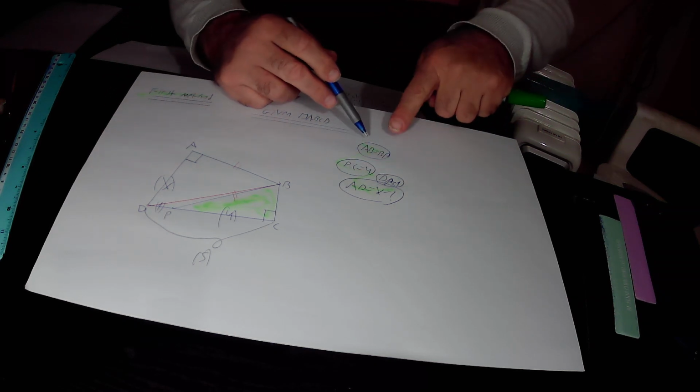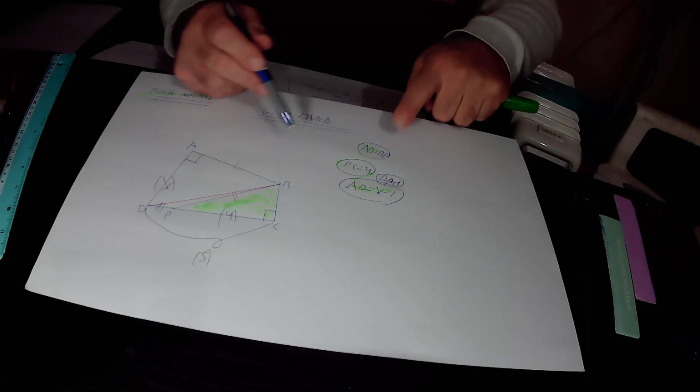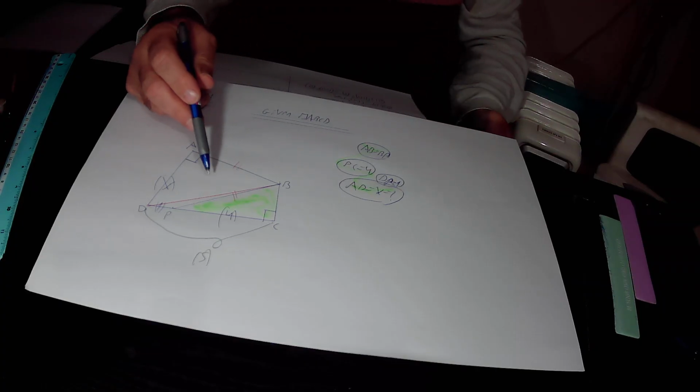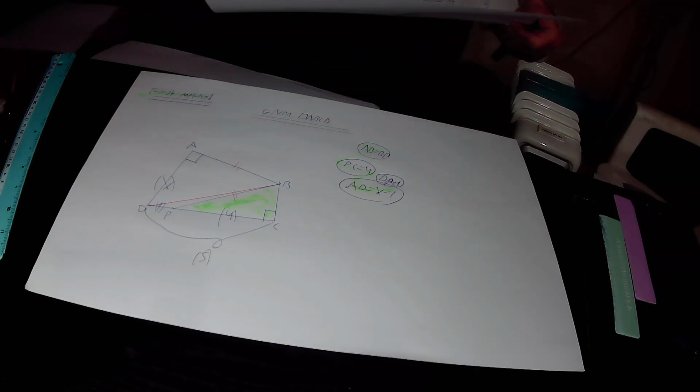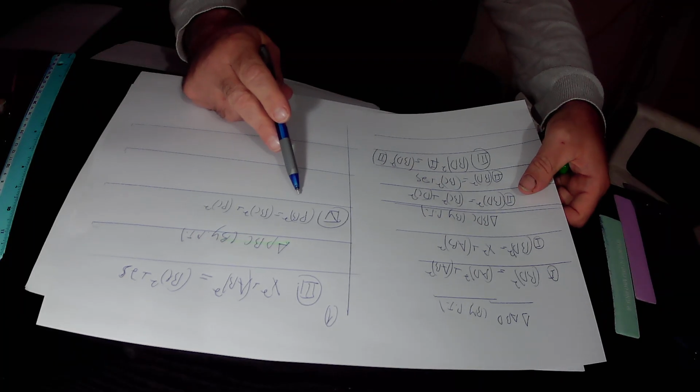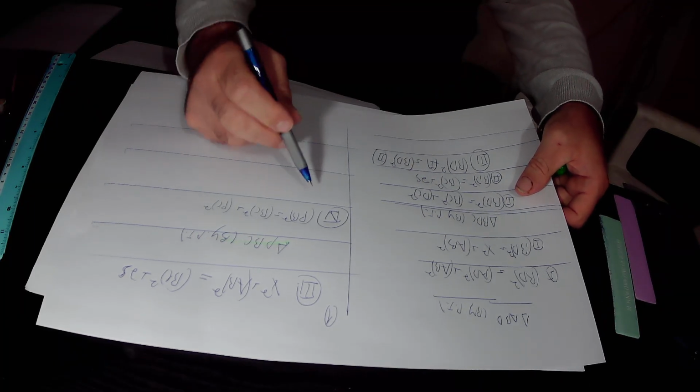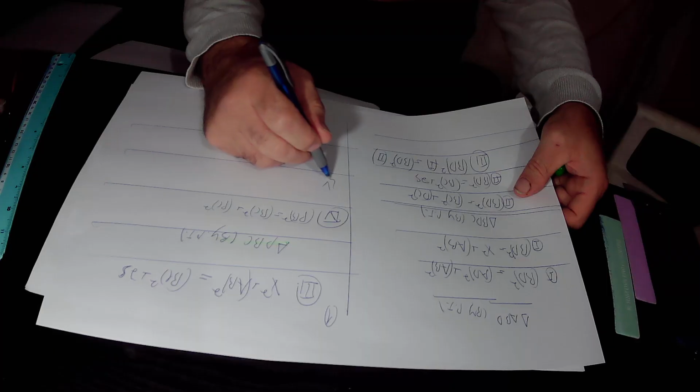Yes, PB equals AB. So we can substitute PB in equation 4 by AB because they are equal to each other. So PB squared is AB squared.